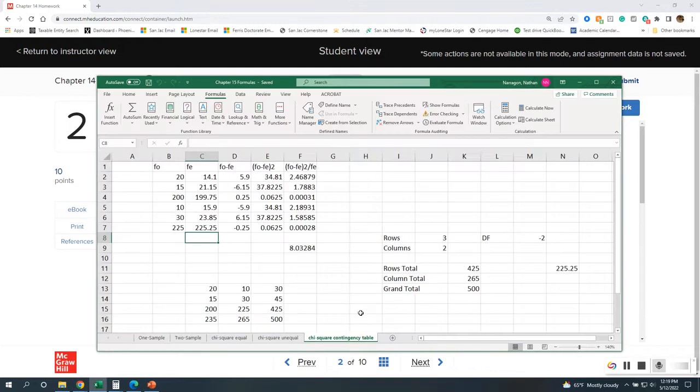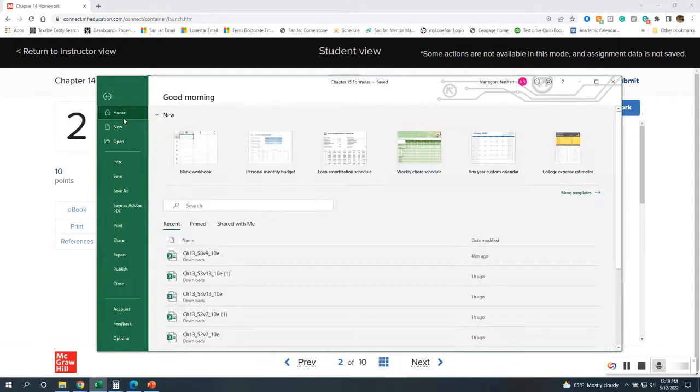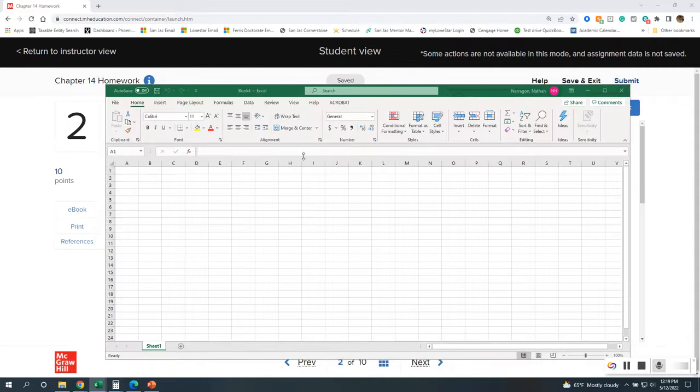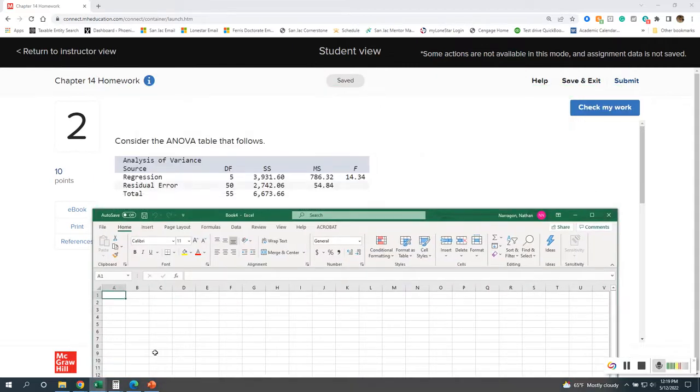So let's pop up Excel. Okay, so no, we need N, and we need K. So K is 5, N is 56. It's always like plus 1.